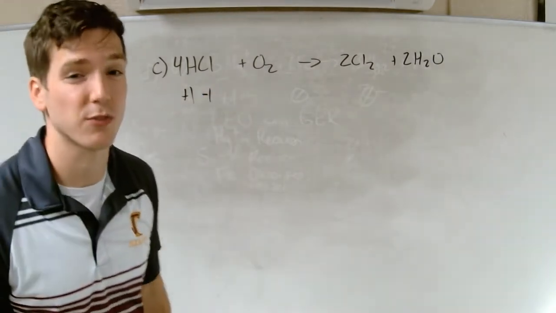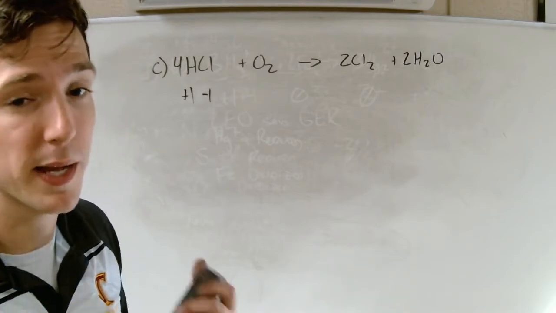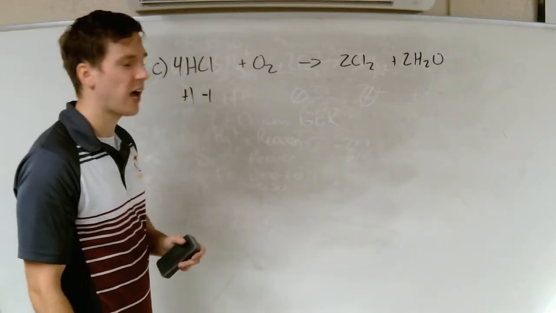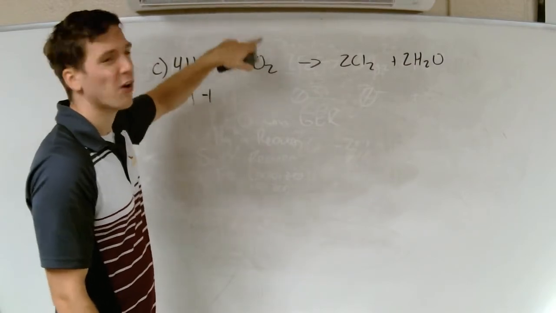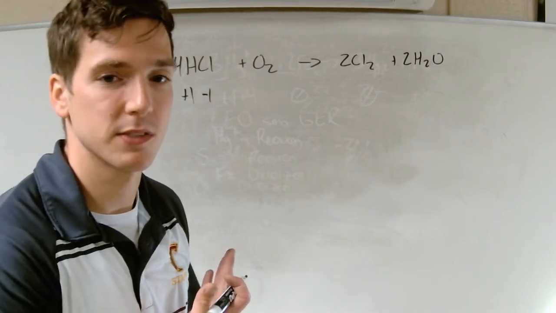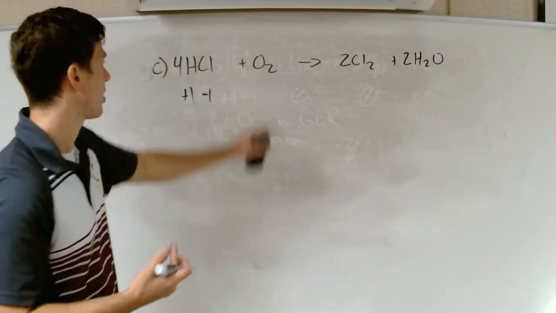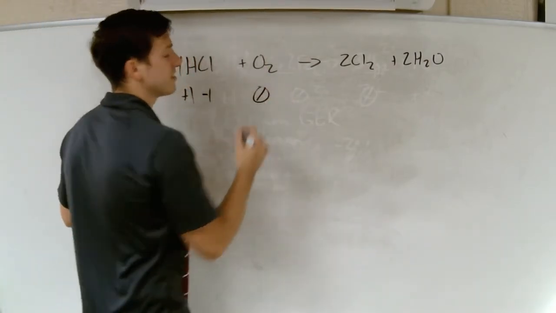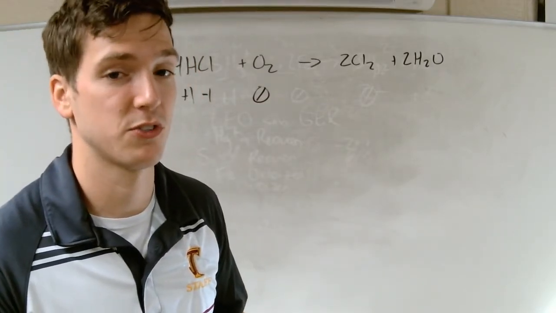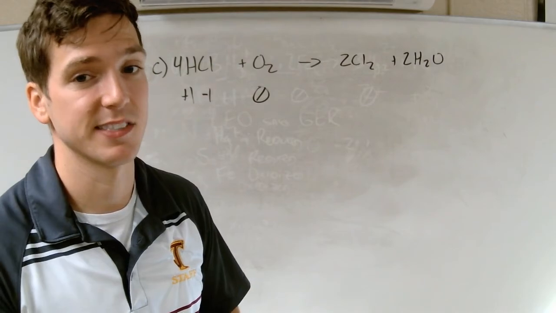Oxygen is by itself, right? It's usually 2-, but this time it's by itself, right? If we gave oxygen a -2 oxidation number, then that means overall it would have a -4 oxidation number. Well, that's not how it's stated, right? It's by itself, charge isn't stated, so we're going to say it is 0, okay? Don't forget that rule. If something's by itself and there's no stated charge, you're going to say it's 0, okay?